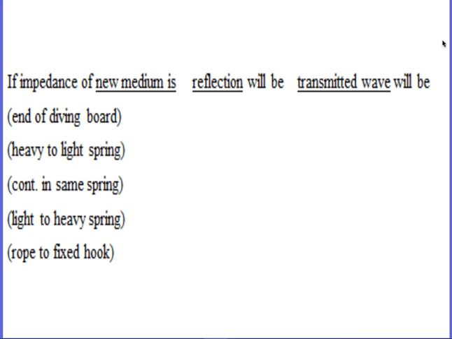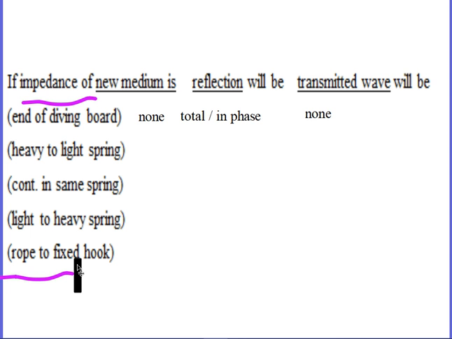Okay, now, what we just established is if you go through a medium and you enter an end where there's nothing there, it has no impedance, then all the energy will be reflected because there's nothing to put it into, and the reflection will be in phase, and no energy will go on.